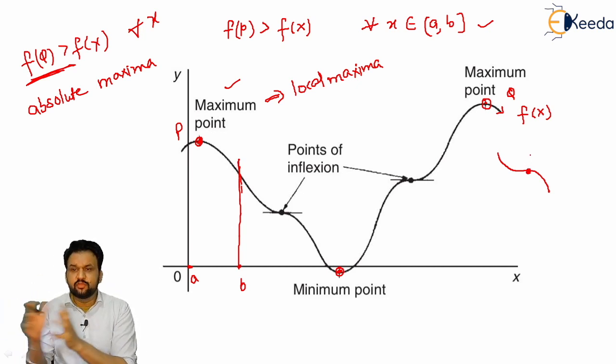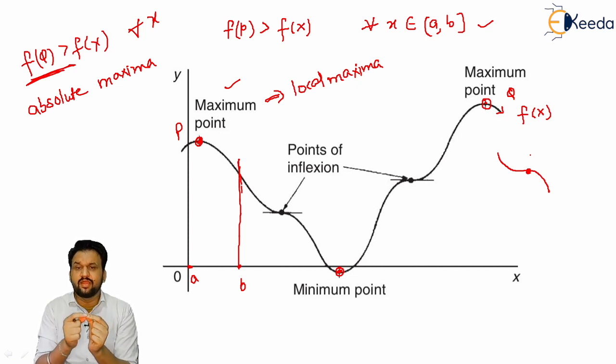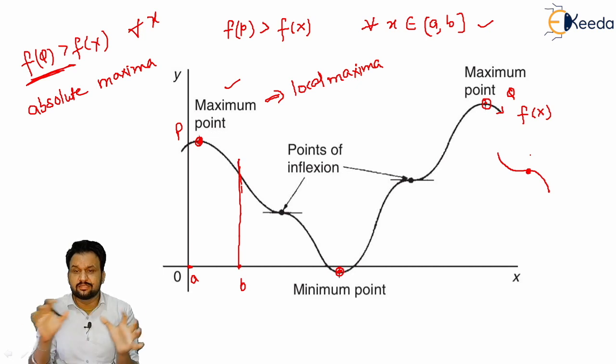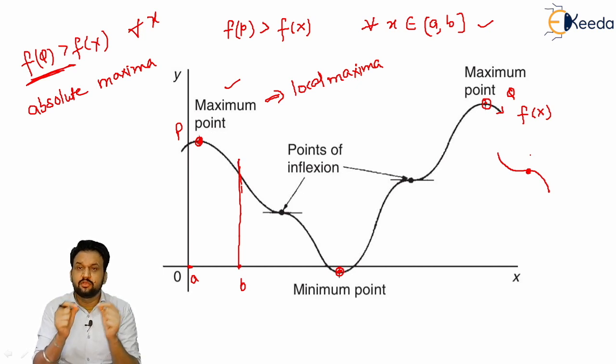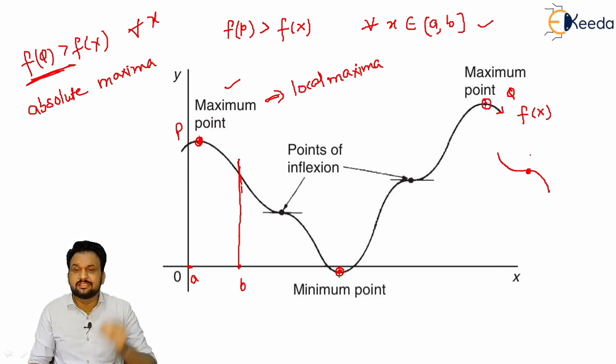In the next video, we will learn how to find the point of inflection, point of maxima, point of minima, increasing, decreasing, all the things. But first of all, here we are just having a brief discussion of what local minima, local maxima, and increasing, decreasing functions are.